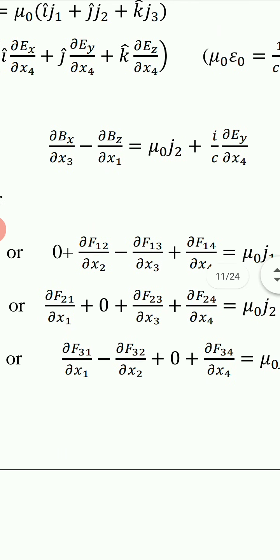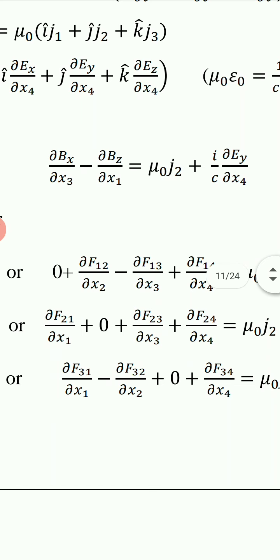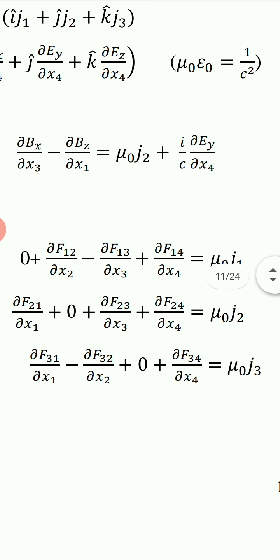The second equation becomes delta F21 upon delta x1 plus 0 plus delta F23 upon delta x3 plus delta F24 upon delta x4 equal to mu 0 j2, and the last one is delta F31 upon delta x1 minus delta F32 upon delta x2 plus 0 plus delta F34 upon delta x4 equal to mu 0 j3.